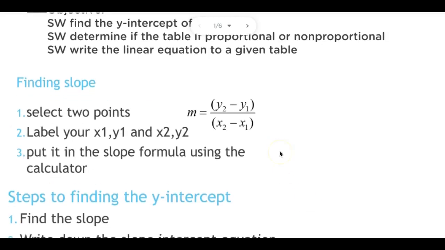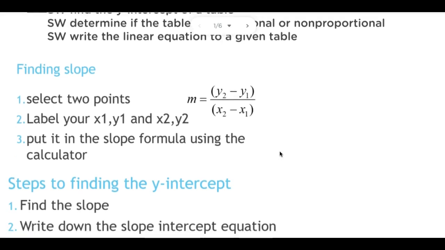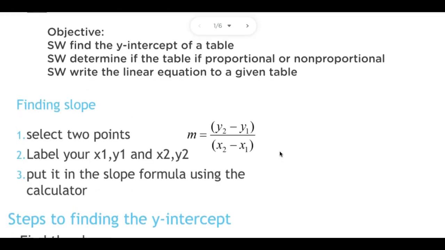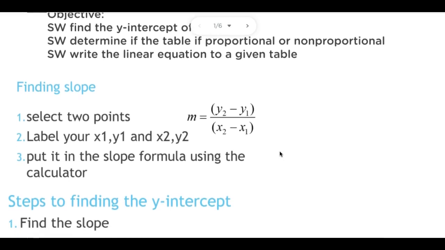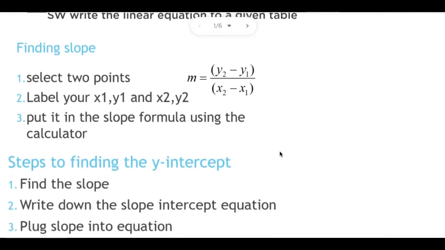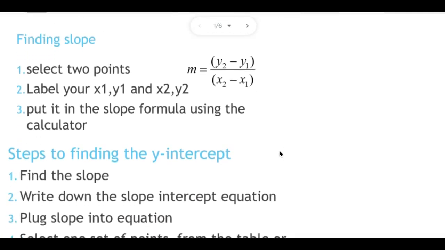So first things first, in order to find the y-intercept, I have steps here, and the first thing that I have is finding the slope. Now, I didn't necessarily give you these directions in the last video like this, but I'm giving it to you now.